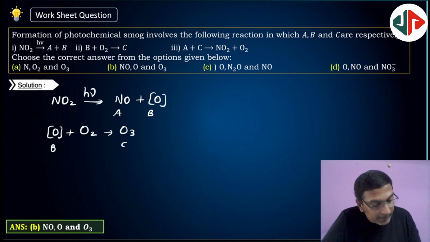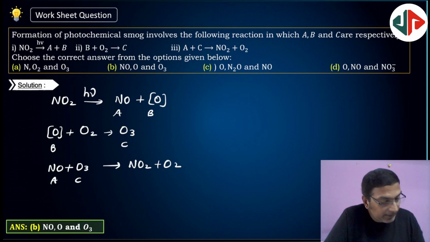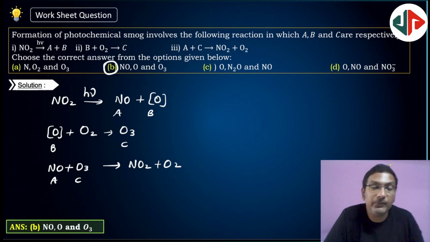Here this is B and C. Next again NO plus O3, which is A and C, gives NO2 plus O2. So what are A, B, C? A is NO, B is O and C is O3. Therefore option B. Reactions of photochemical smog. So NO2 is reddish brown gas, NO is colorless gas.